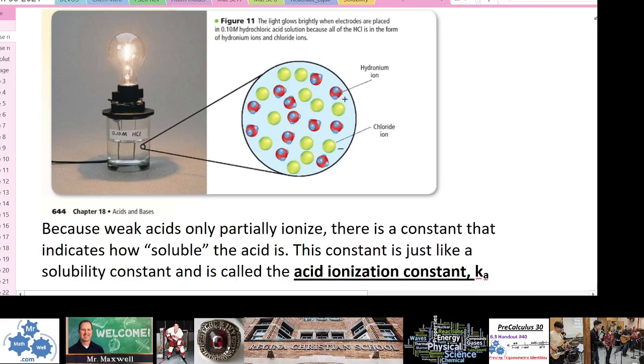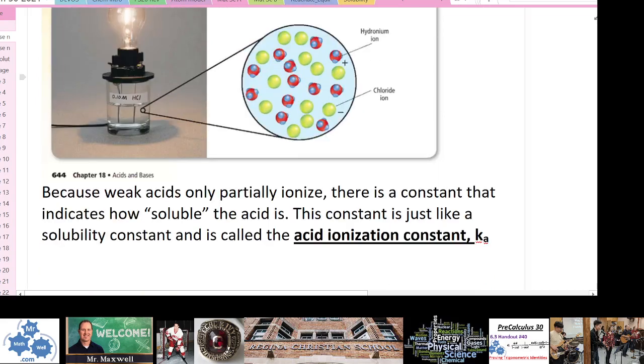All right, because weak acids only partially ionize, there is a constant that indicates how soluble the acid is. Soluble, there is a blank for you.